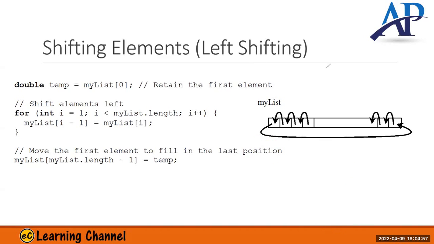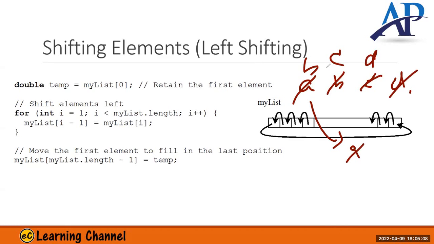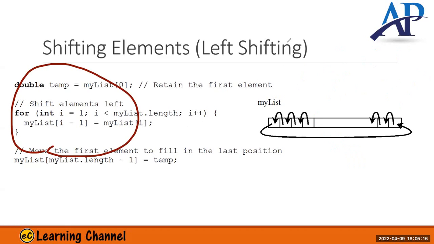So something like this. Let's assume that my initial values are A, B, C, D. So I pick up A to temp, and then B is copied to the first position, C copied to the next, D copied to the next, and eventually the temporary value is copied back to the last position. So it becomes a rotation, okay? In code, you pick up your index 0 value to a temporary value.